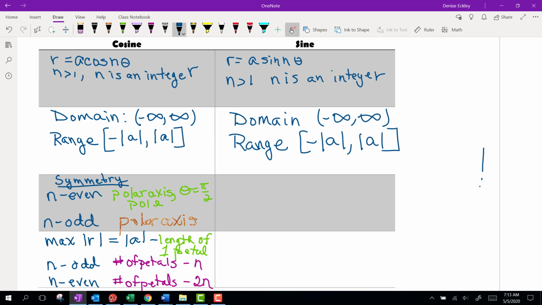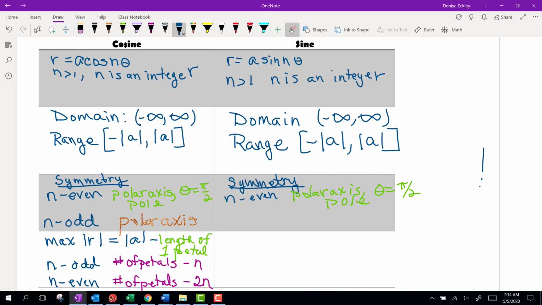Then our symmetry is going to be slightly different. We saw already that if n is even, we have all of the symmetries. We saw that in our first example. So we have polar axis, theta equals pi over 2, and pole symmetry.